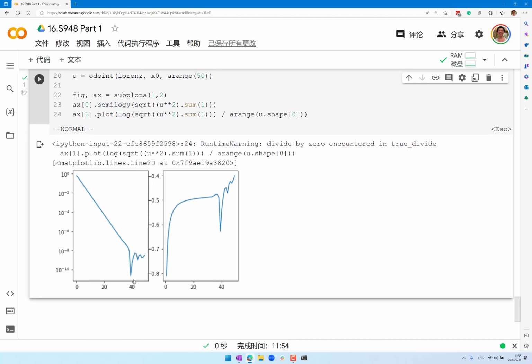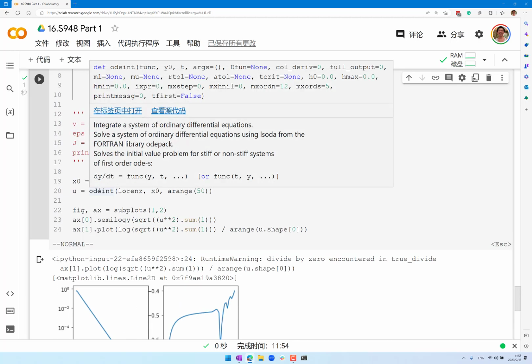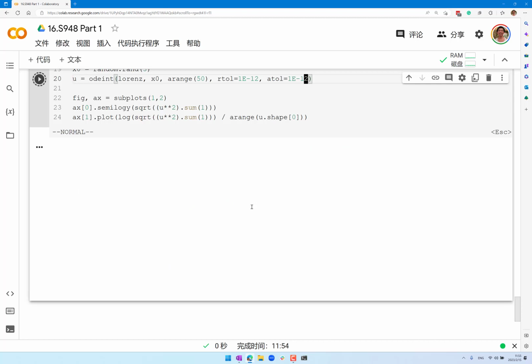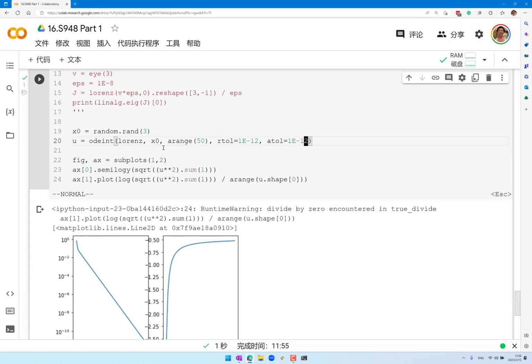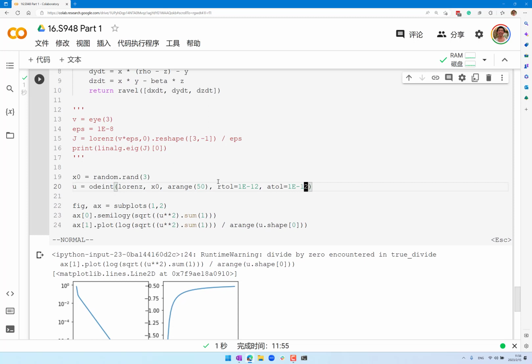So if you have time, you can look at the tolerances, relative tolerance and absolute tolerance. Let me try things here, say e to the minus 12. So that fixes the error here, but if I integrate for even longer, it'll show up at some later time.